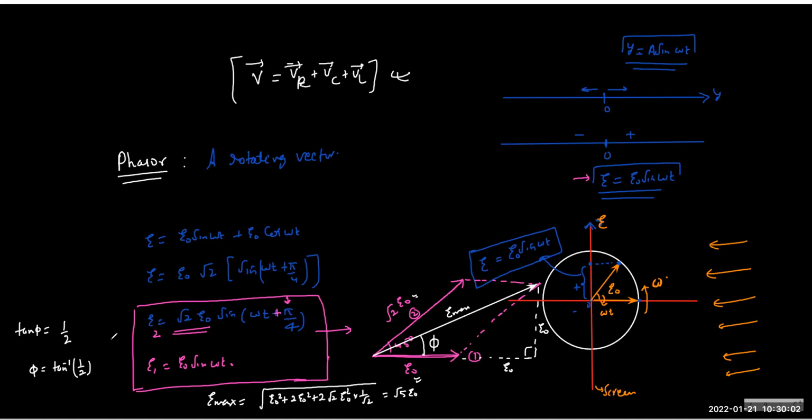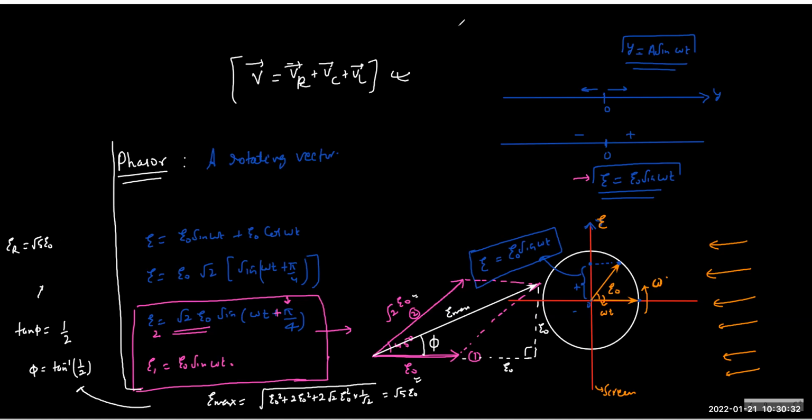So if I want to write the resultant EMF of these two, let's say these two are acting together, we can write root 5 E naught, which is E max.